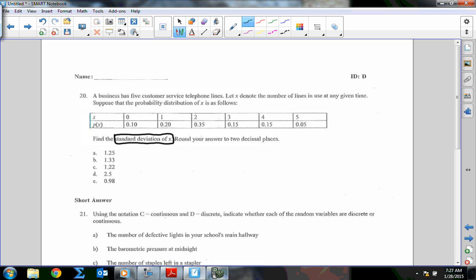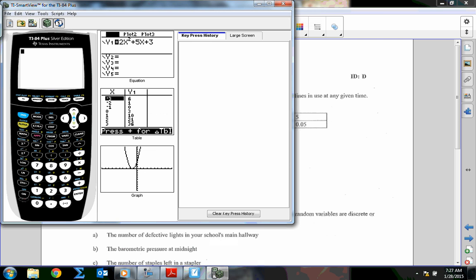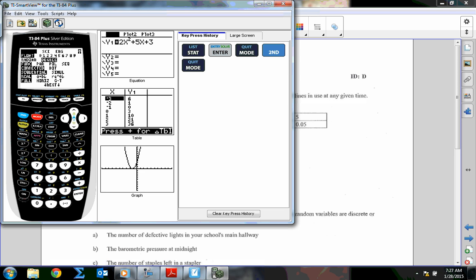So I'm going to pull my calculator up, and hopefully this is going to work. I'm going to do stat, edit. Wow, look at all that stuff I have in there. So I'm going to back out and do second, quit. Nope, second, quit.